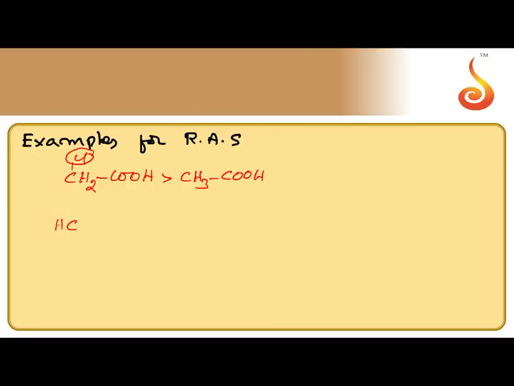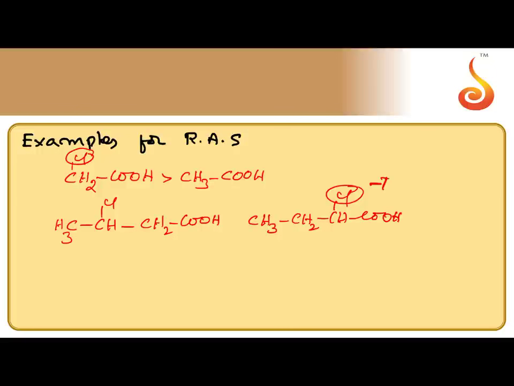If two chlorines are there, let us take CH3CHCl CH2COOH, CH3CH2CHCl COOH. Let us compare these two. Both are having minus I groups, but distance is different.